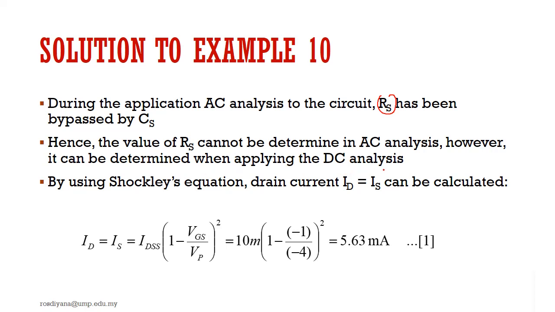So we go back to the Shockley equation, where the drain current ID equals IS. Here we calculate the ID. VGSQ we already calculated previously, negative 1. IDSS is 10 milli and VP is negative 4. So ID equals 5.63 milliampere.